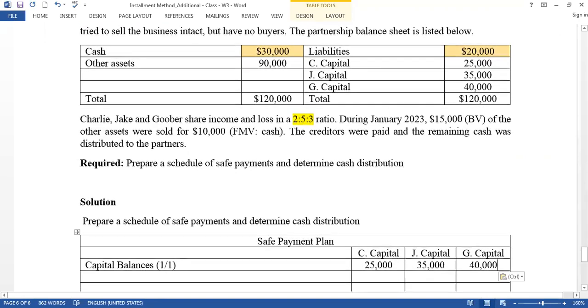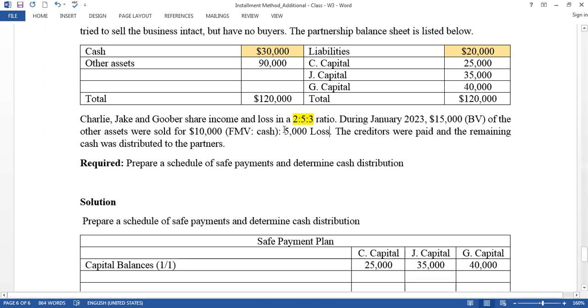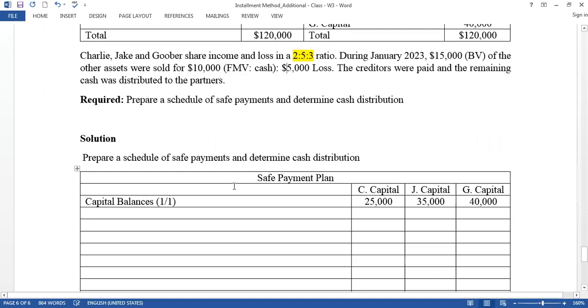Now you can see that our book value is $15,000, but we received cash $10,000. That means how much loss? $5,000, right? $5,000 loss. And we know that this loss is going to be absorbed by the partners. So loss on asset sale, $5,000.